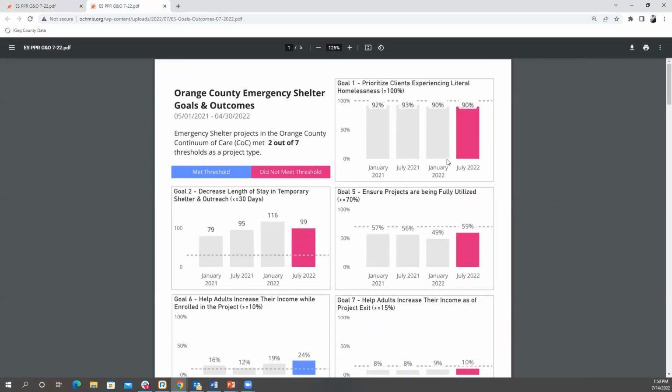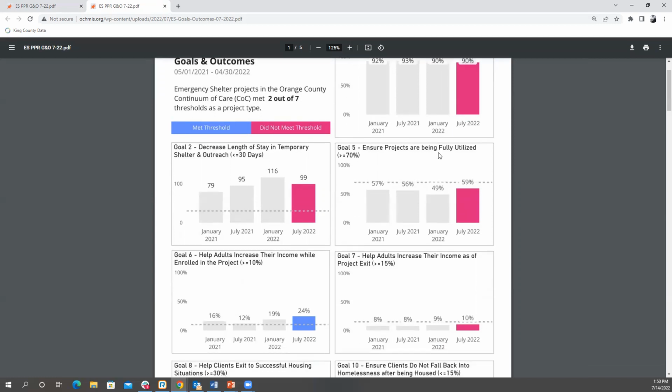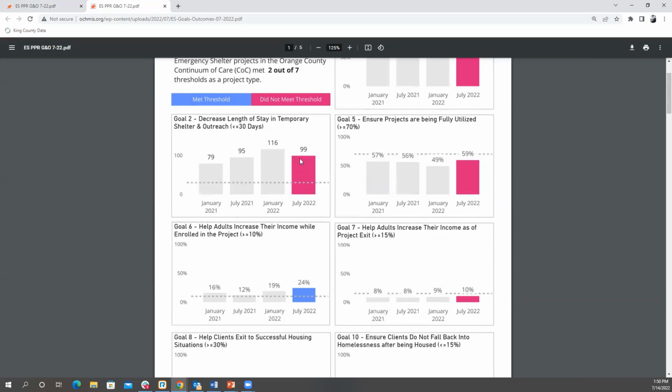So our first measure is clients entering from homeless situations. So this has remained fairly consistent over the past couple of years. Goal 2 is looking at the length of stay of clients in emergency shelter projects. There's been a little bit of fluctuation for this measure, but we're starting back down on the downtrend.